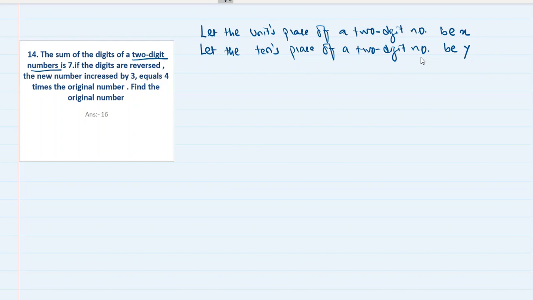So we have got the units place and we have got the tens place, x and y.